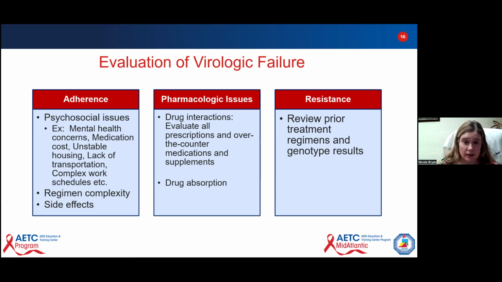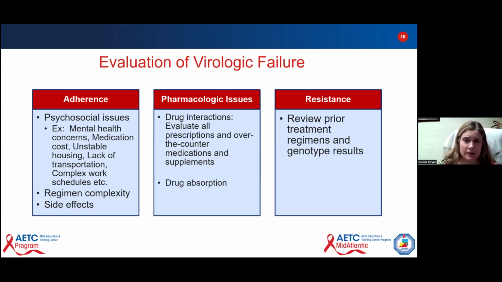As far as pharmacologic issues, drug interactions are a big one. So we do check for those, and again, you have to think about anything they're taking over the counter, or any supplements, and then also absorption issues. Some of our medications require acid for absorption. So if they're taking a lot of Tums or anything that suppresses their acid, that can affect absorption.